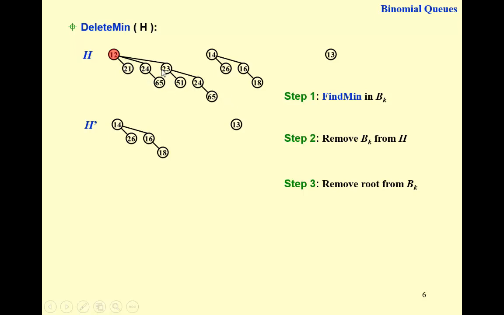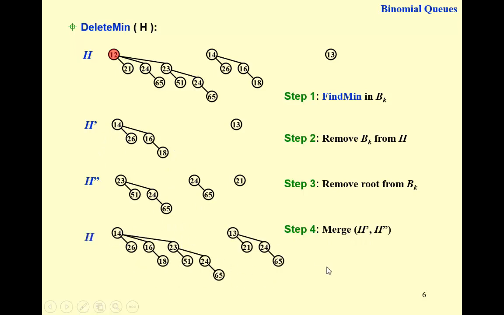And putting these 3 subtrees together, we obtain another binomial queue, because each subtree must be a binomial tree. Then what do we do next? Obviously, we should simply merge them. So the last step is to merge these two binomial queues and obtain this result.